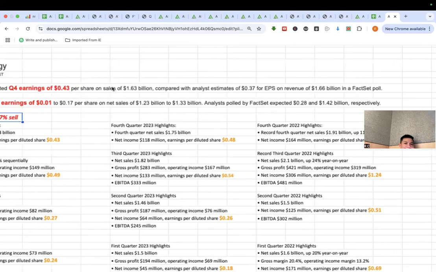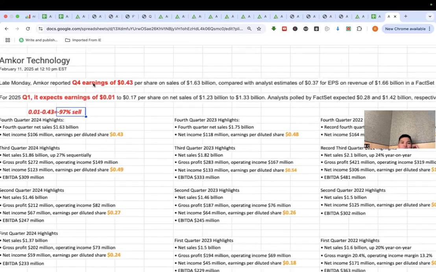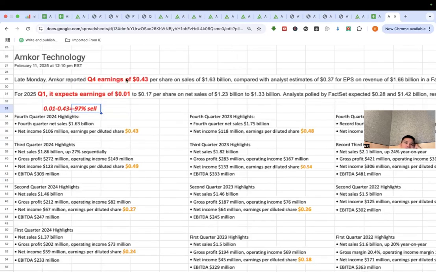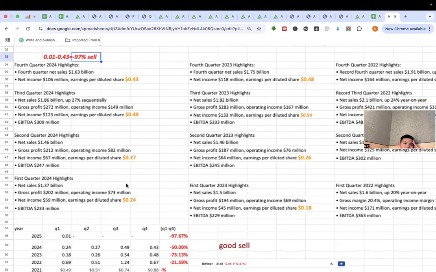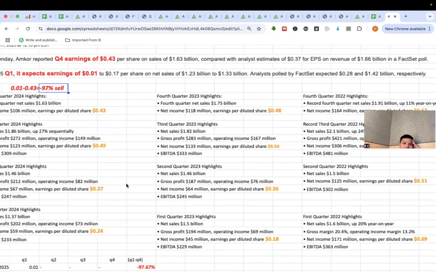Reported. Reported is something that happened in the past, so we are not supposed to minus 0.43. Okay. We want guidance. A lot of the things that you're giving me as feedback are very, very good, but it's not guidance.